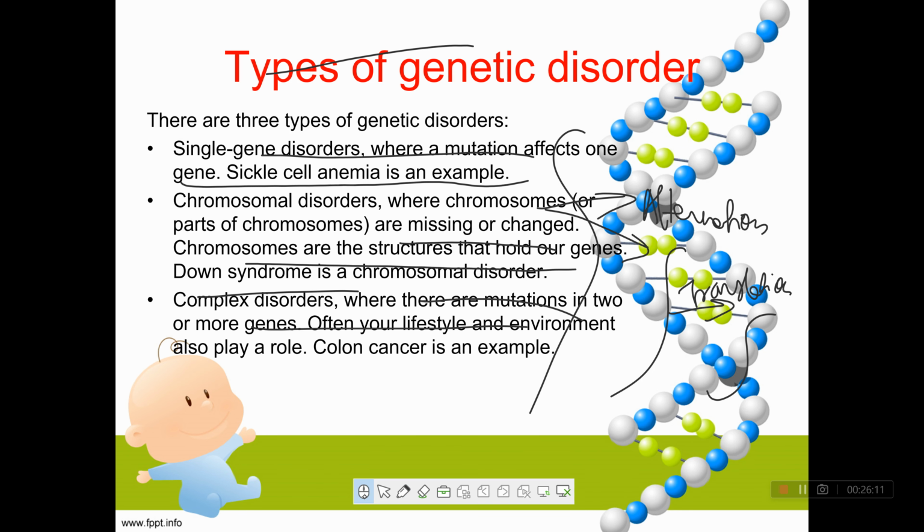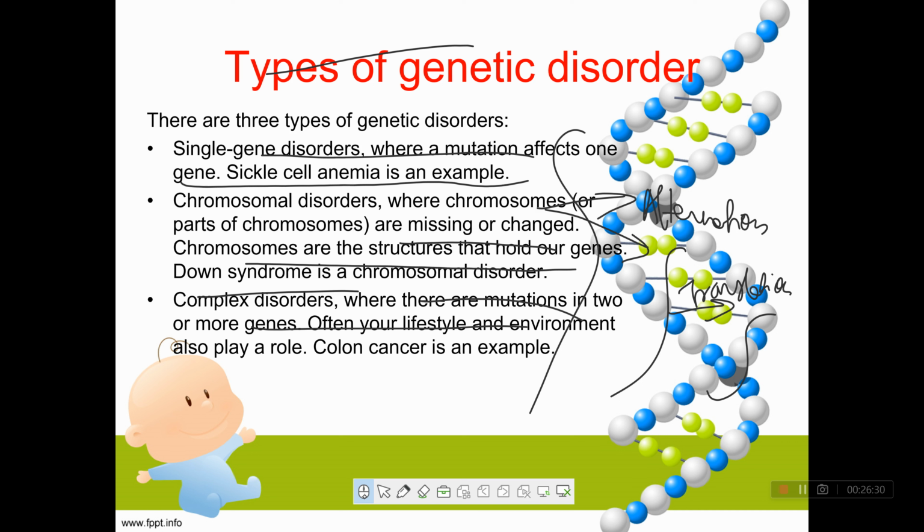Types of genetic disorder. Actually, there are 3 types of genetic disorder. First is single gene disorder, second is chromosomal disorder, and third is complex disorder. In single gene disorder, mutation affects one gene, like sickle cell anemia.